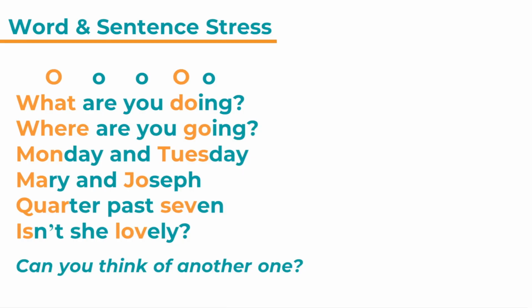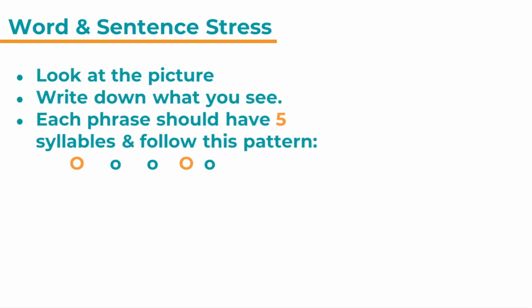Now, we're going to use this pattern for our main activity. You will need to look at the picture that I will show you in a moment, and you have to write down what you see. That phrase should have exactly 5 syllables, and it has to follow the pattern.